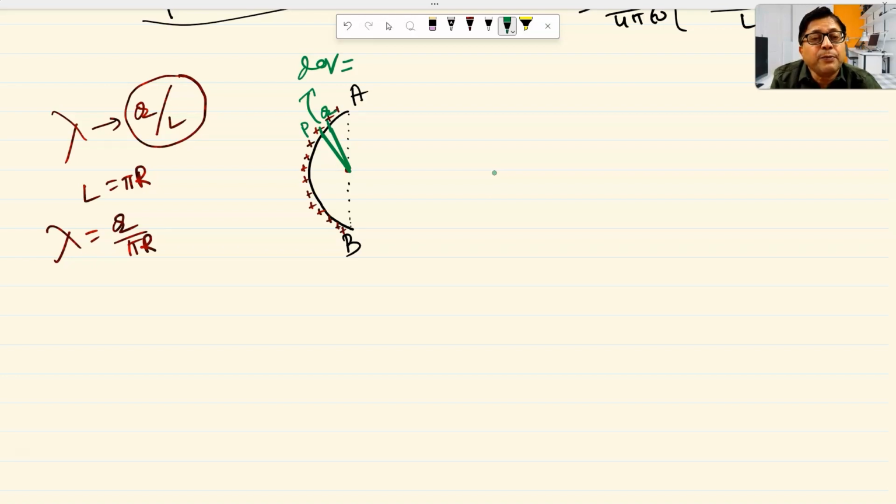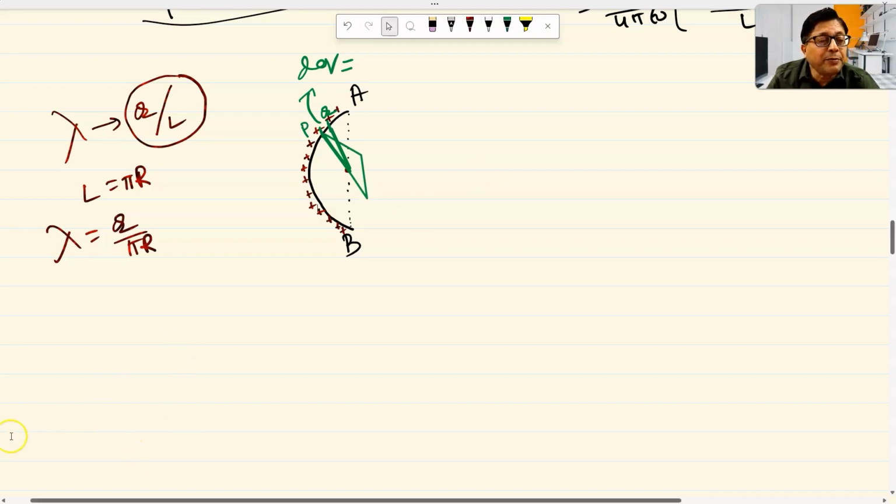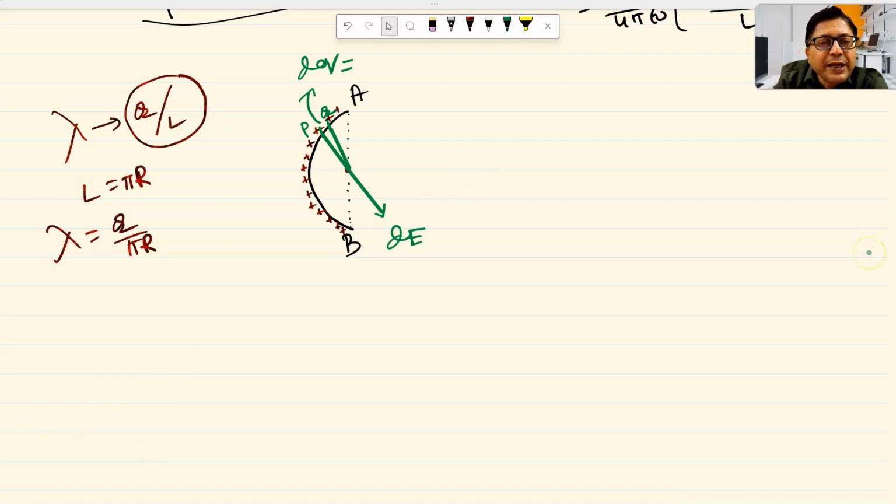Due to this elemental portion PQ, the electric field will be directed this way, no? In what direction will the electric field be directed? Due to this elemental portion, electric field will be directed radially outward. And this field has two components, a component along the x-axis and a component along the y-axis. Let us solve this problem with the help of vectors, because this has two components.